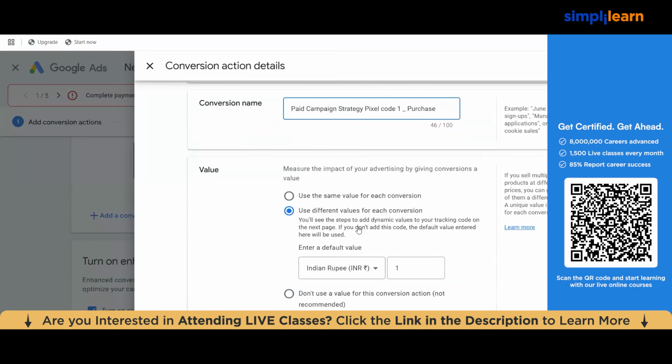Yeah. So once we agree and continue, you will get a message at the top saying Google pixel code or Google tag, whatever, and this code will appear. And at the bottom you will get a message like this: add this code to your website manually.